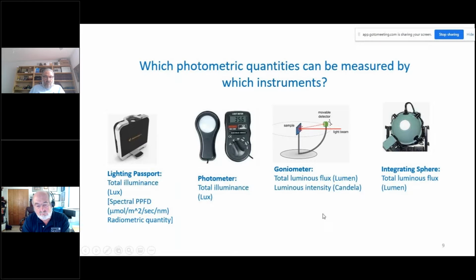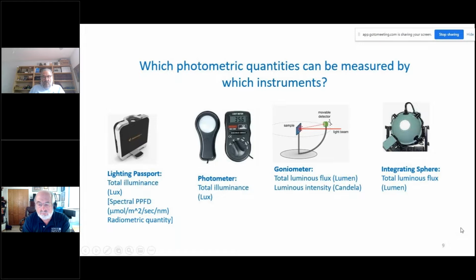Or if you want to measure the luminous intensity, you need to have a goniometer where the detector is going around the circle around the source and measures at each solid angle, and this will give you the candela. And once you integrate all the measurements, you get the total luminous flux in lumen.